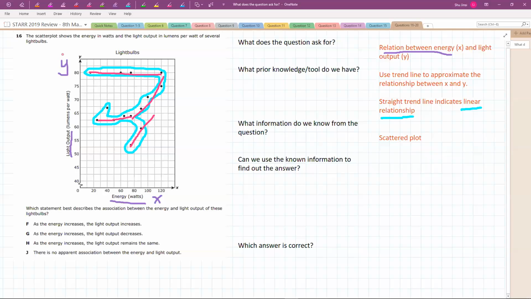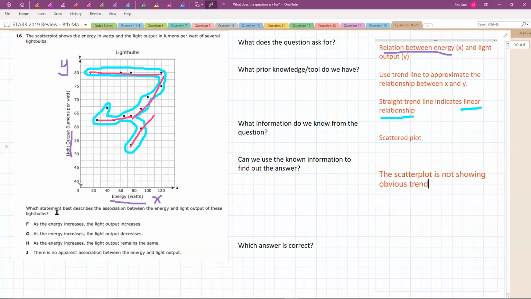In this case, we will say this one is not showing an obvious trend. We cannot see any obvious trend from this scatter plot.